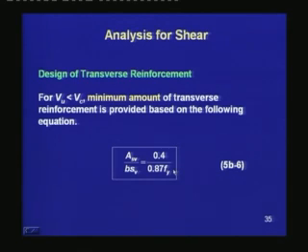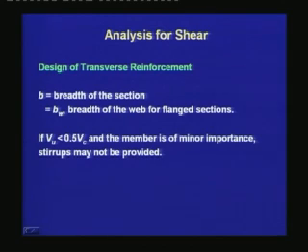This equation is derived by assuming that the stirrups should have a minimum stress of 0.4 Newton per millimeter square, and this is the expression which gives the minimum amount of transverse reinforcement. Here also b is the breadth of the section, which is equal to bw, the breadth of the web for flange section.